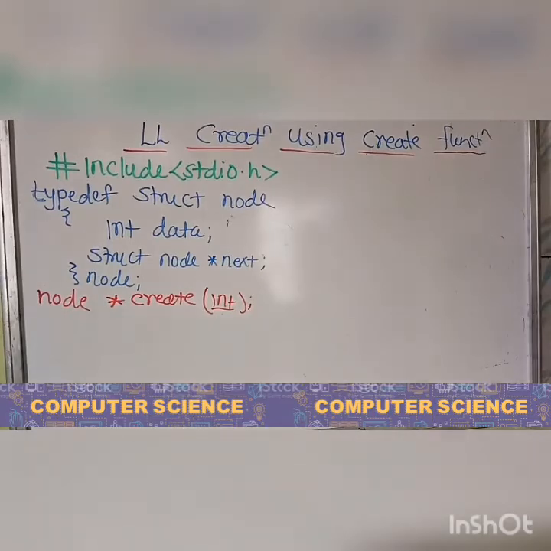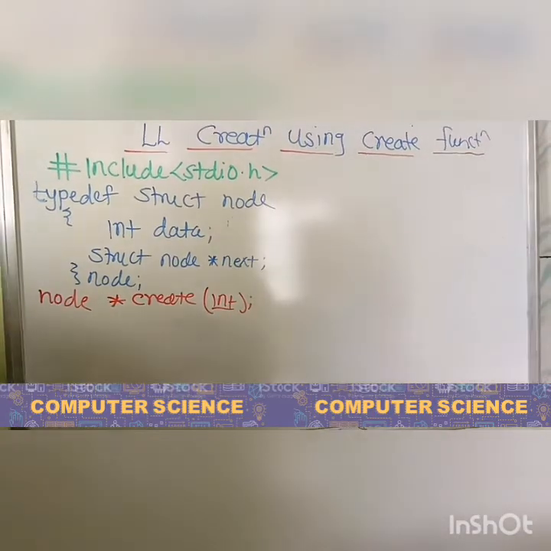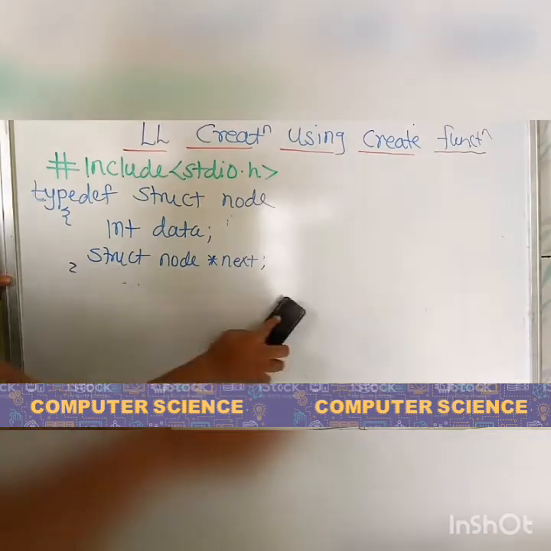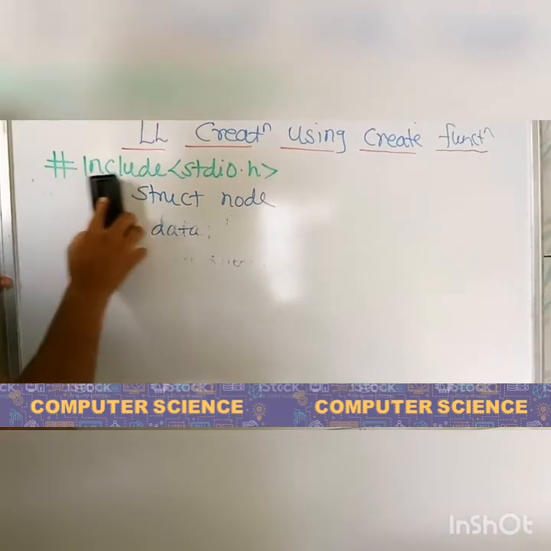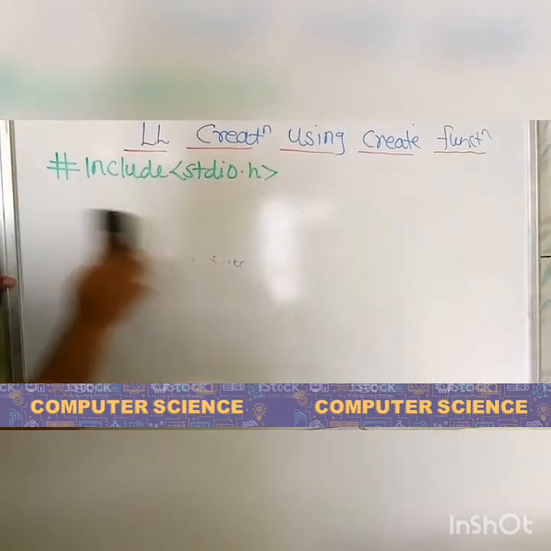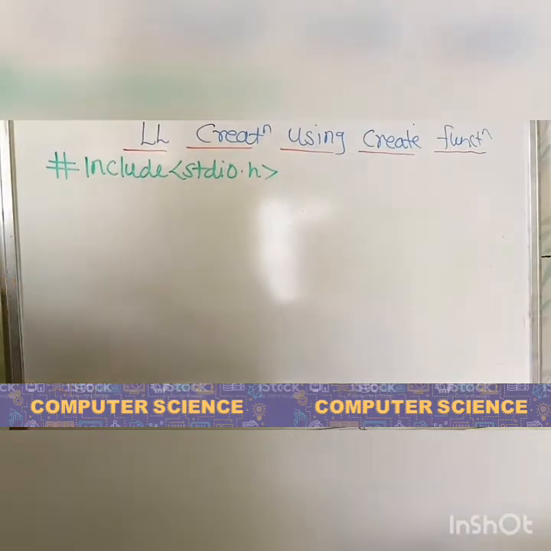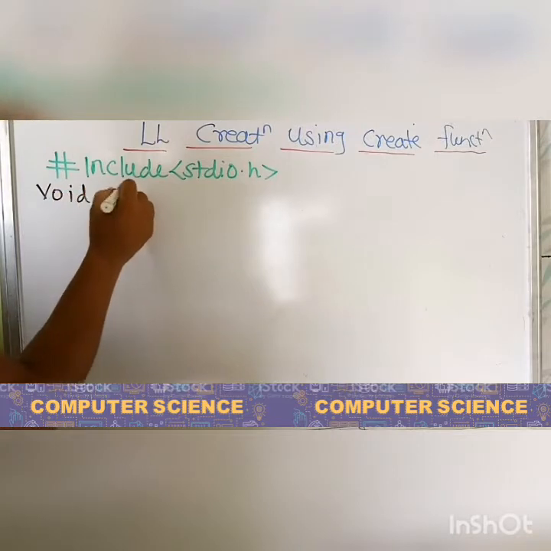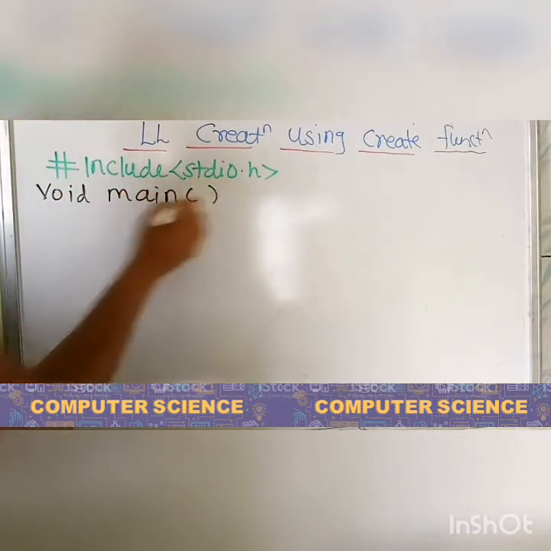Now we will complete first the main part, that is the void main, and then try to develop the definition of the create function. Here we will take the void main as a starting point of our program.